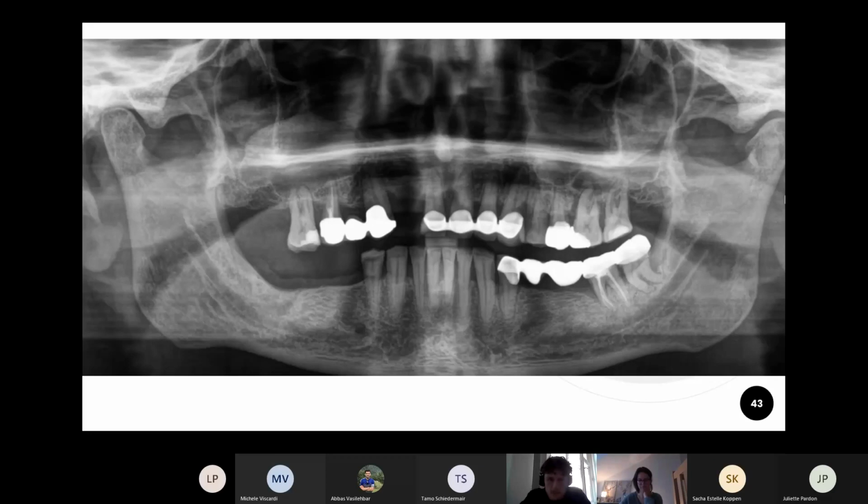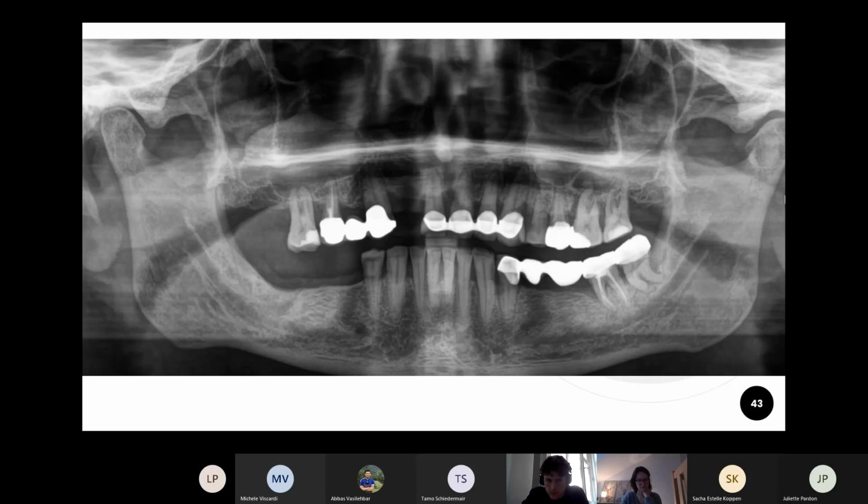Yeah, so we can start here with number 6, which is a composite filling MO. Then number 5 is endodontically treated. It doesn't really look homogeneous, there's kind of an edge, a 90-degree angle in the middle of the filling. So there's no inflammation or periapical lesion or anything, but it's also not a perfect endo treatment.